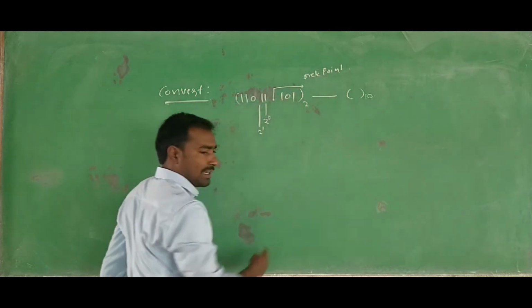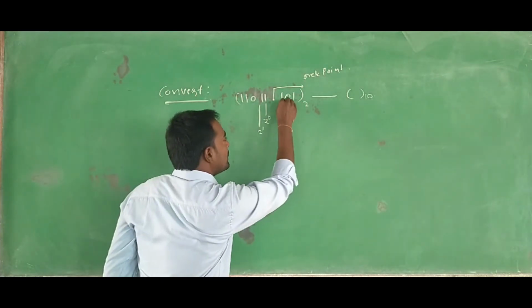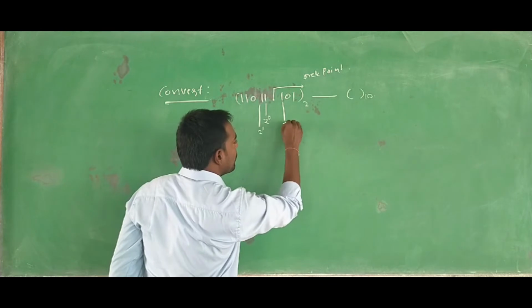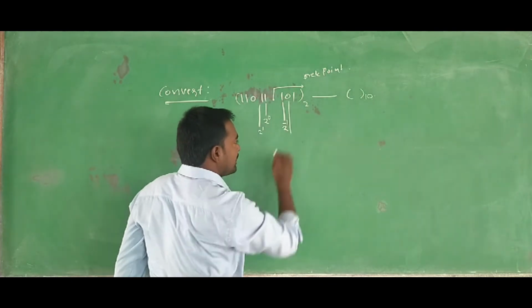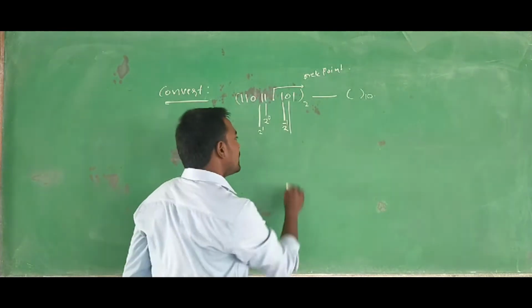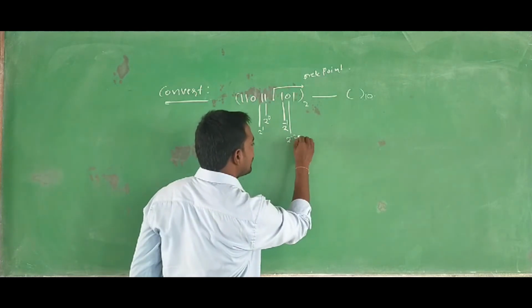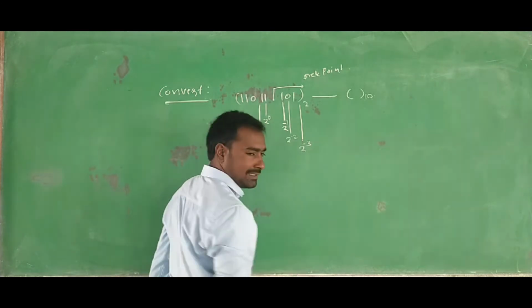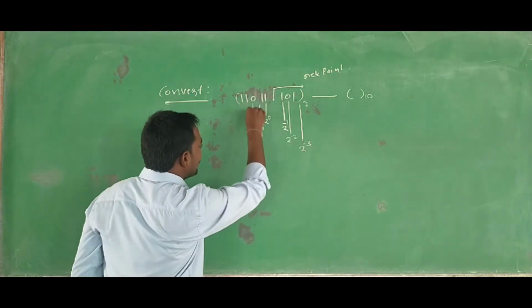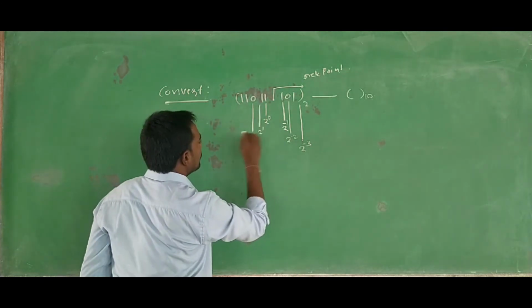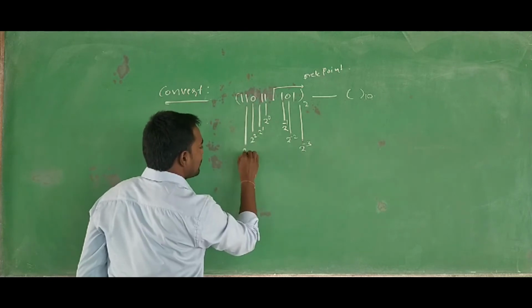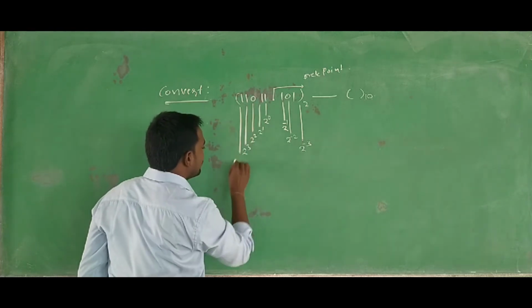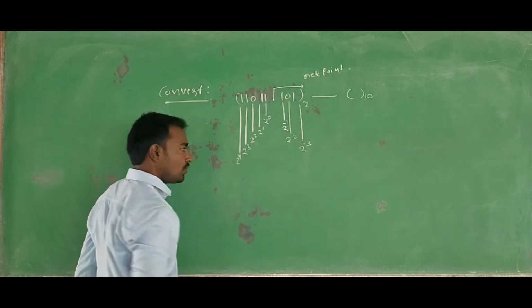After the break point, the values are taken as 2 to the power of minus 1, the 0 indicates 2 to the power of minus 2, and the 1 indicates 2 to the power of minus 3. Before the point, the 0 indicates 2 square, the next 1 indicates 2 cube, and this 1 indicates 2 to the power of 4.